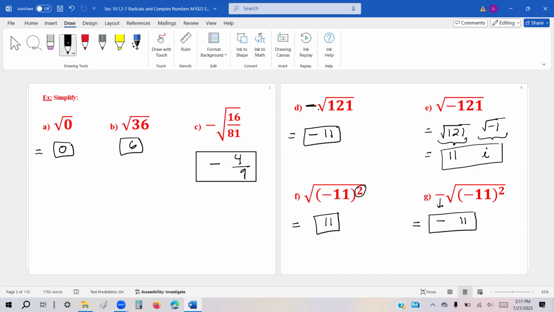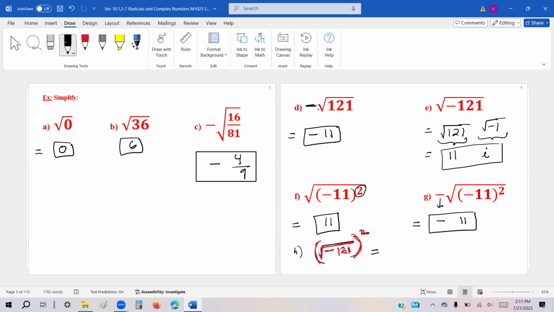And there is one more we didn't go over. Let's say H: negative square root of -121, squared. In that case, what will be the answer?